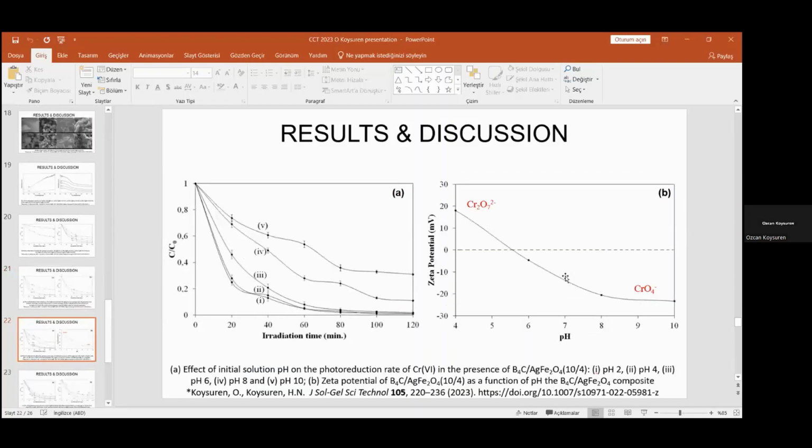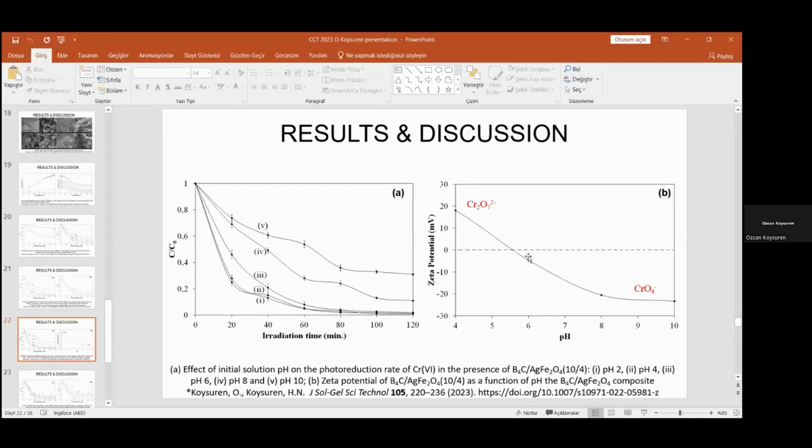Now you will see the effect of the initial solution pH on the chromium-6 photoreduction experiment. The neutral and basic solutions decrease the photoreduction rate. This might be due to the surface charge.